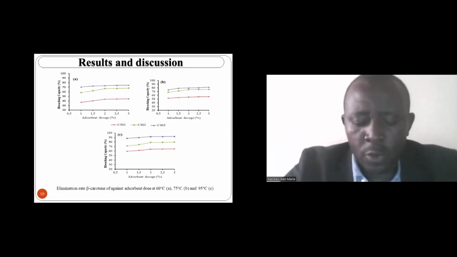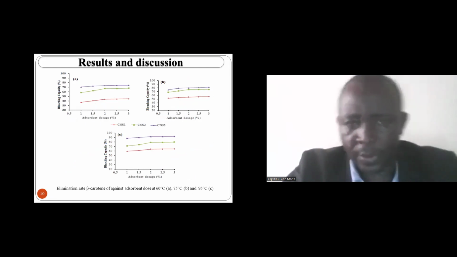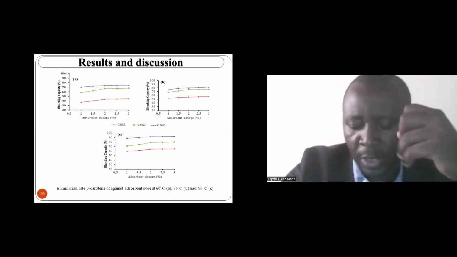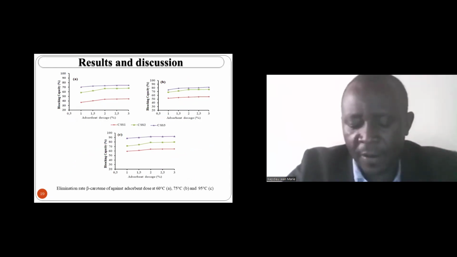This plot shows, for each adsorbent, the bleaching capacity as a function of adsorbent dosage at 60, at 75, and at 95 degrees Celsius, and with the respective equilibrium times of 60, 50, and 40 minutes.